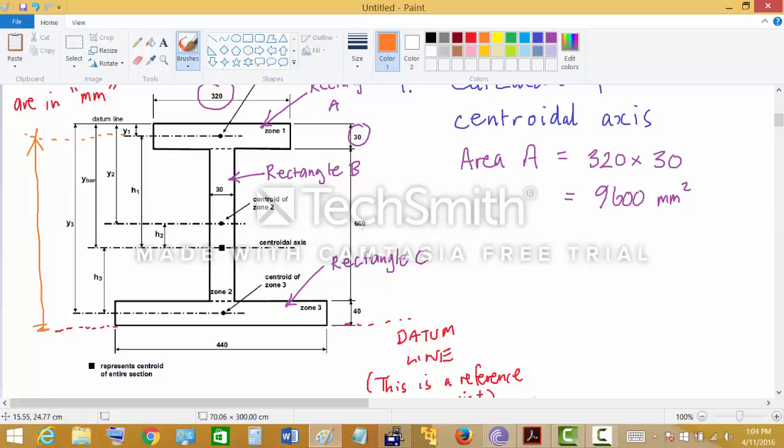That's 40 plus 660 plus 15. I'll just call that y dash A equals 40 plus 15.